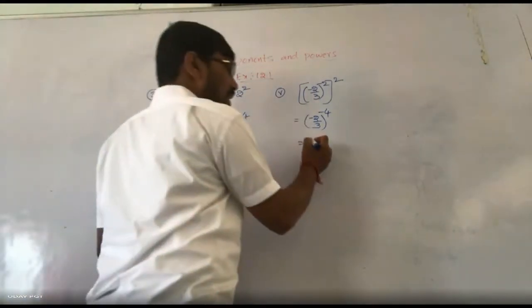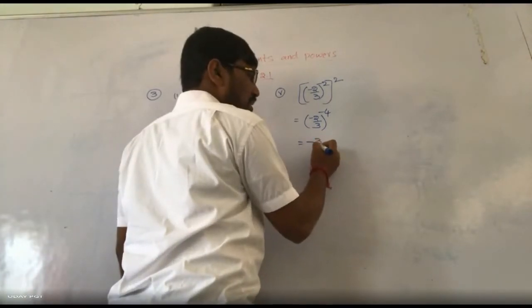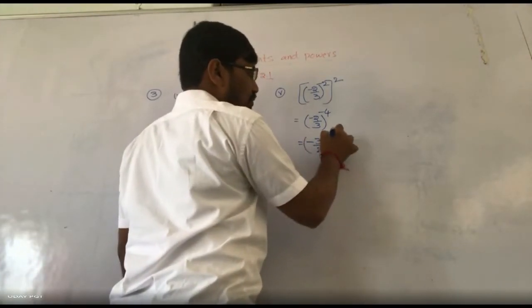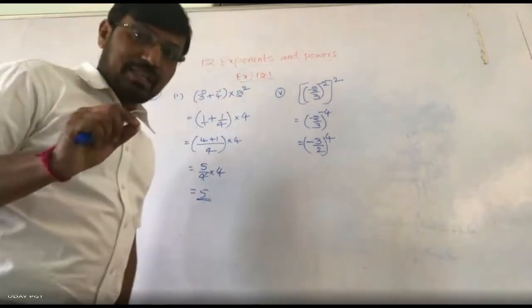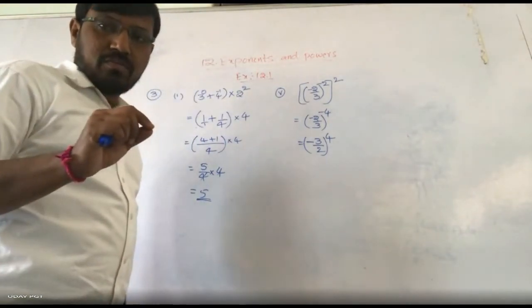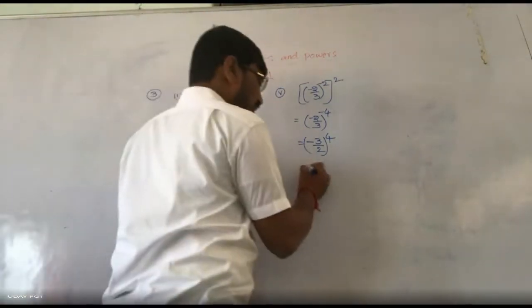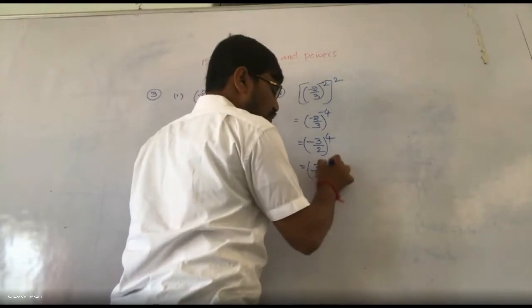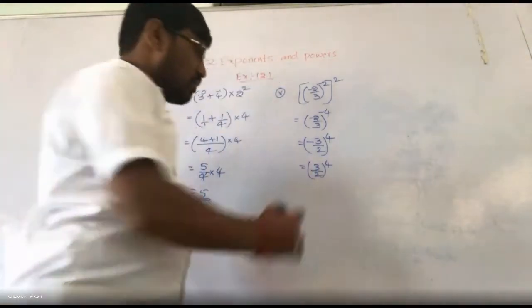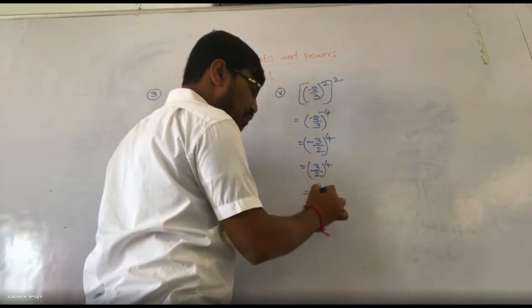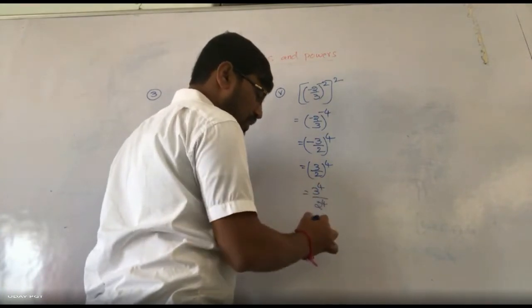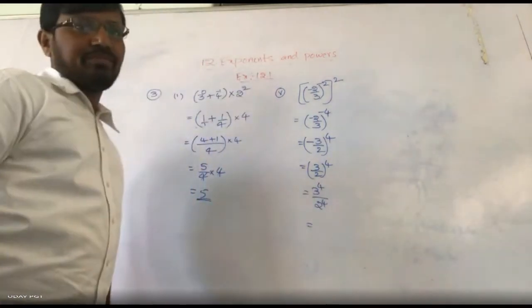So we can write, keeping the minus as it is, 3 by 2 whole power 4. As the power is even, the minus sign goes away, so this can be written as 3 power 4 divided by 2 power 4. 3 power 4 value is 81.